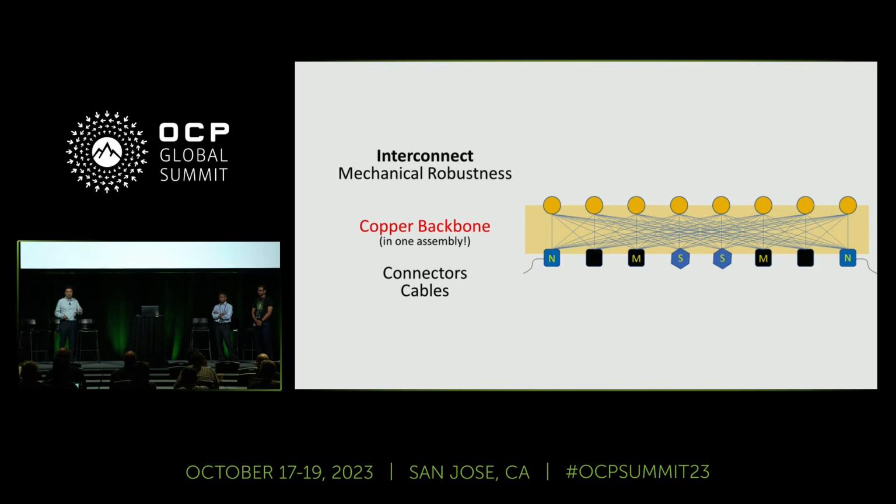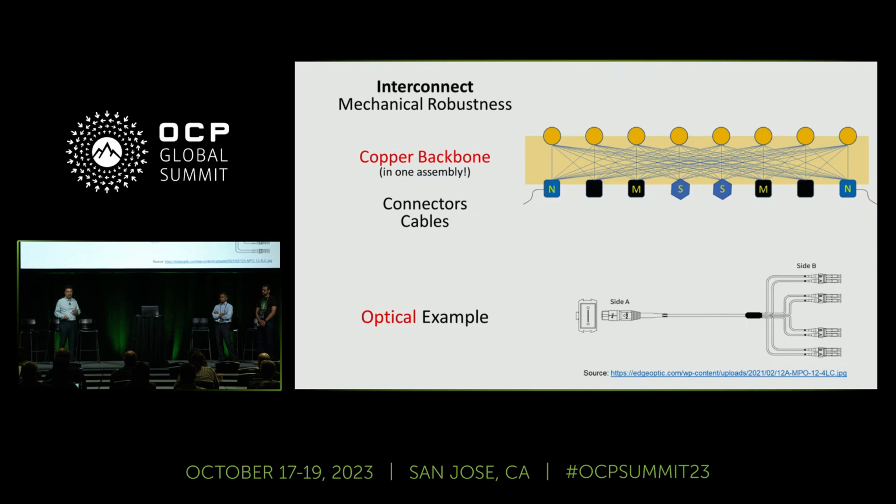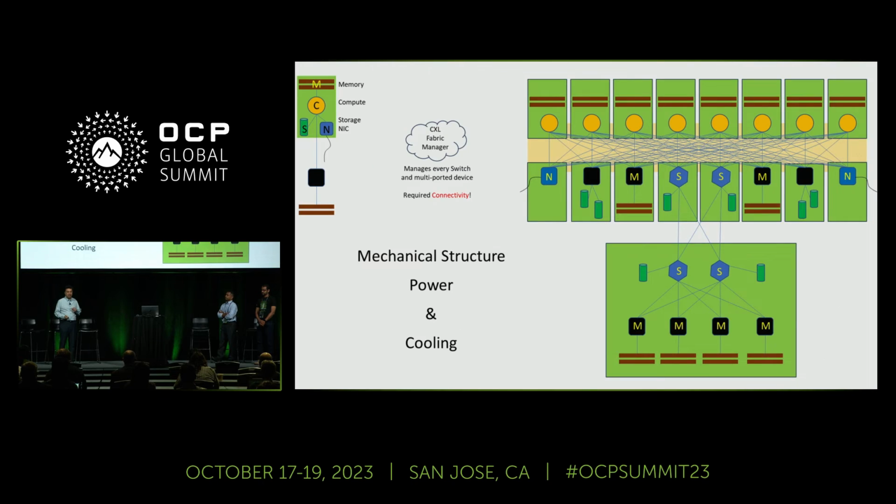Cable manufacturers and connector manufacturers can help us come up with one robust assembly for interconnecting a number of CPUs and a number of memories for memory pooling and memory sharing. Photonics can help reduce the size and dimensions of these connectors and cables and increase the length of the reach that we can have.